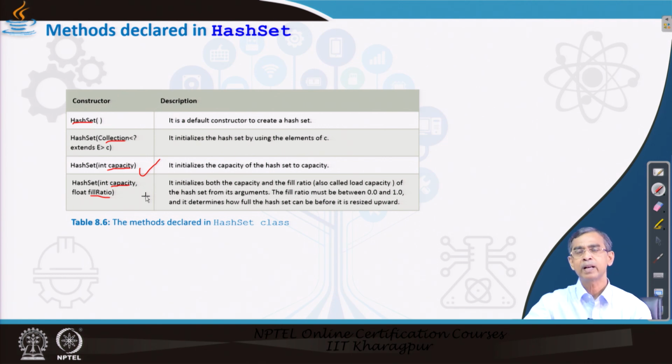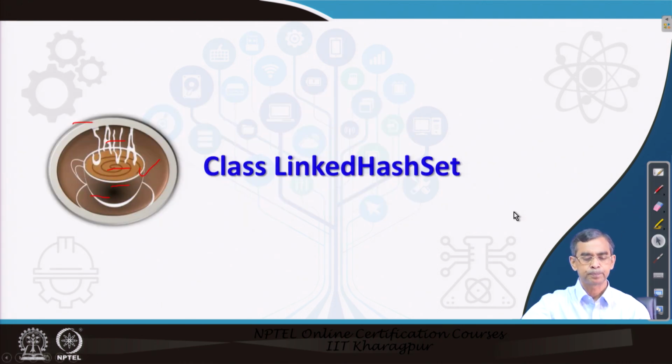The fill ratio value can be anything above 0 and less than 1.0, so in between 0 and 1.0. As I said, a fill ratio of 0.75 means that when it is 75% full, then you increase the capacity of this hash set. This concept is followed to automatically grow the hash set collection for your storage.